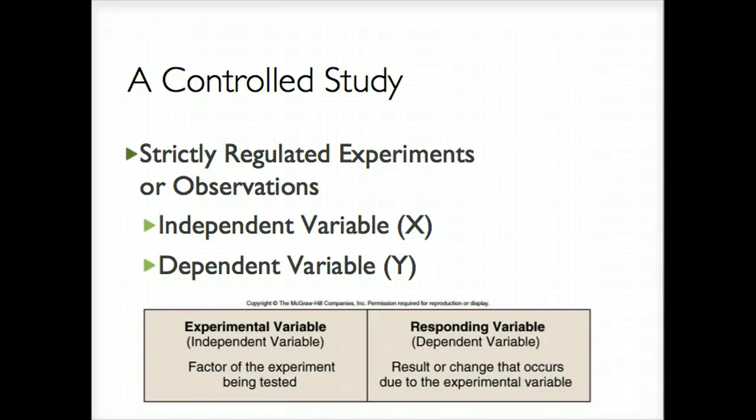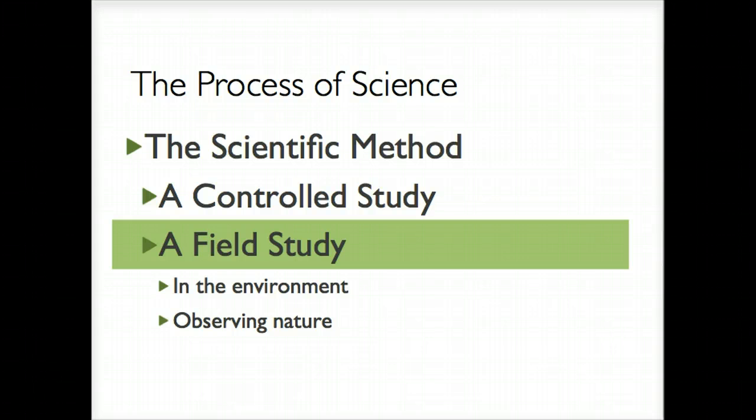The thing that is being tested is the independent variable, and the thing that responds to what you're changing is the dependent variable. So we change an experimental variable or an independent variable, and we get a response from the responding variable or the dependent variable. This is the thing that we will analyze and often graph in an XY graph, X on the bottom and Y on the vertical.